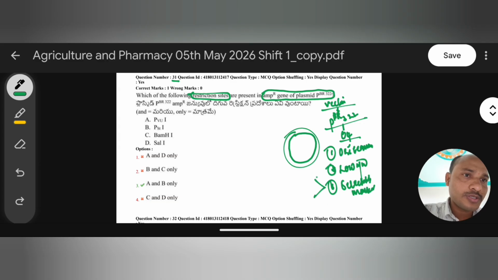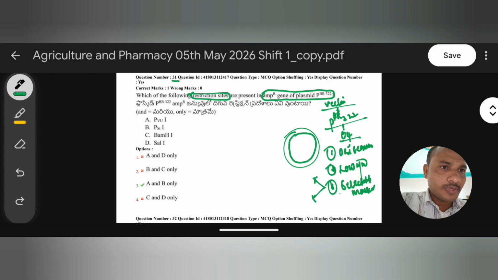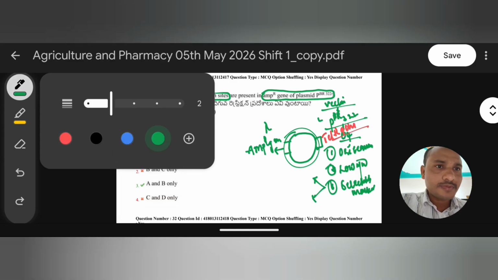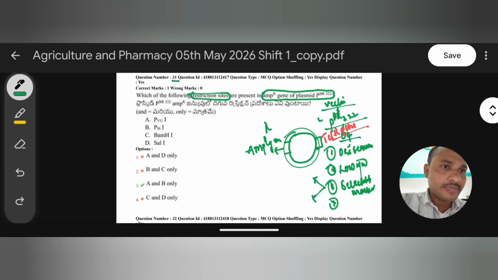Generally we have 2 selectable markers: on the right side we have the ampicillin resistance gene marker, and on the left side we have the tetracycline resistance gene. One more important characteristic of pBR322 is that it has many cloning or restriction sites. Generally in pBR322 we have 8 restriction sites.